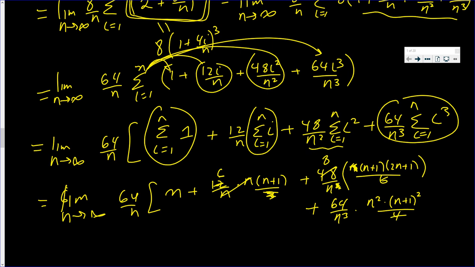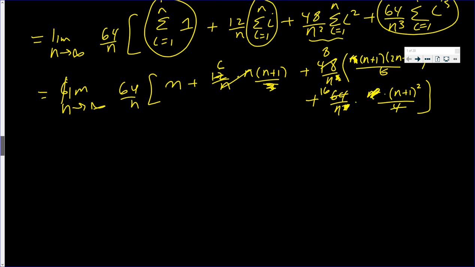Now 4 goes into 64 16 times, and I kill off 2 n's on the top and 2 n's on the bottom, leaving 1 n on the bottom. Okay, let's clean this up.